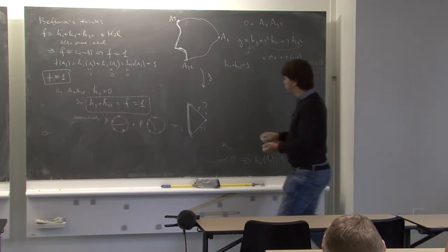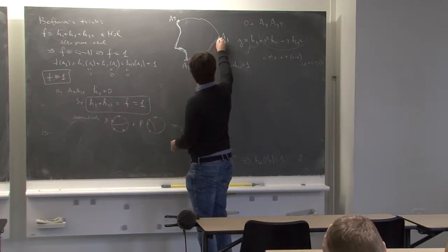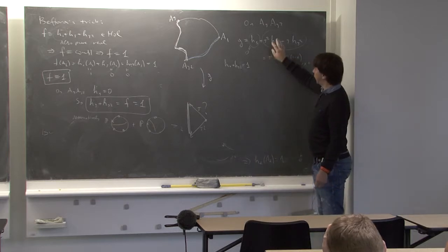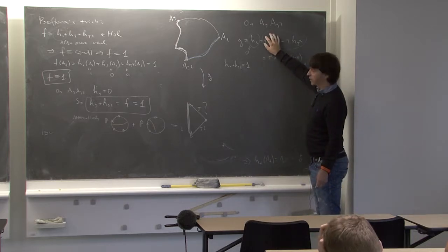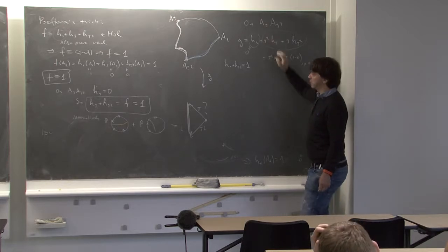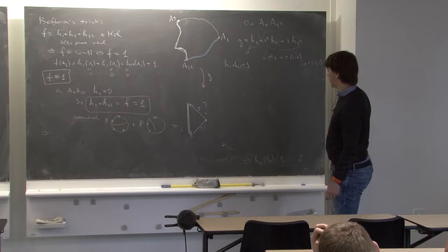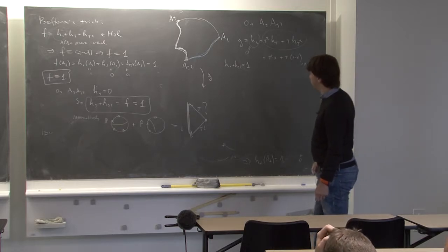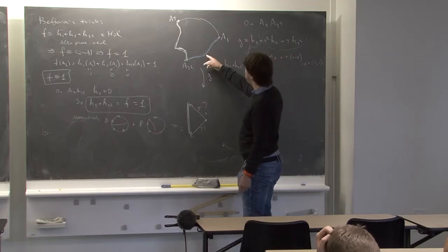Now what happens with this blue arc? With the blue arc it would be exactly the same, only h tau will vanish. Wait a second, did I do that the other way around? No, I didn't. So if we do this arc, then another one will vanish.